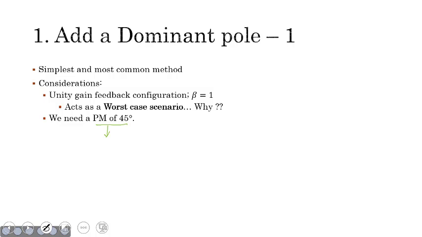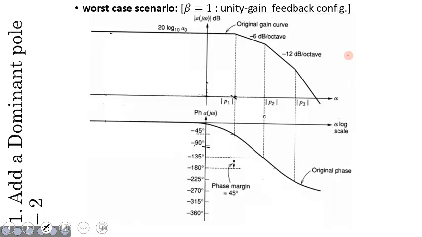What I really mean by the worst case scenario is that having a value of beta equal to 1 ensures that we are at the worst case condition, correct? And we also want to ensure at least a phase margin of 45 degrees at omega equals omega gx. Okay, so let us see how we do all of this with an open loop system having such a magnitude plot and a phase plot.